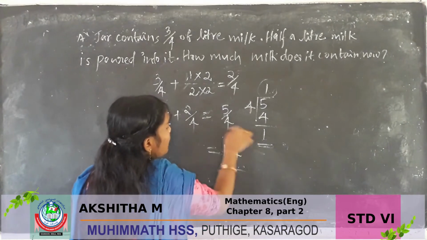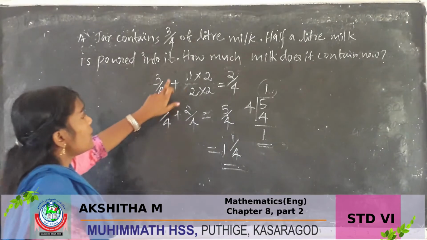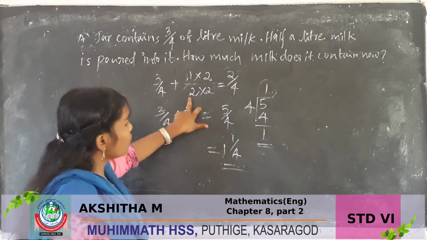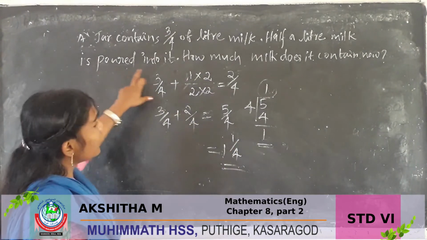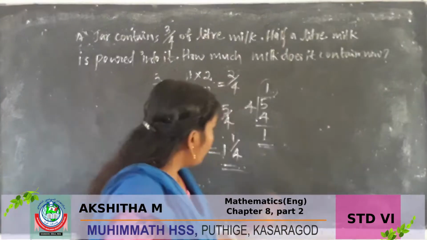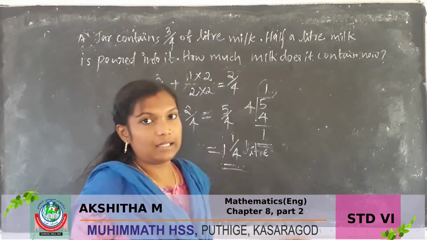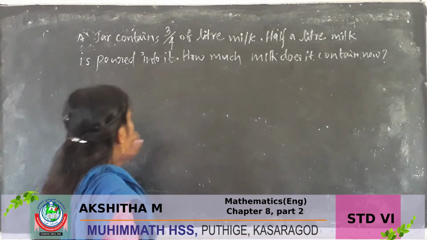So we got the answer 1 and 1/4. 3/4 plus 1/2 is 1 and 1/4. So it contains 1 and 1/4 liters of milk. Is it clear? There is another way of finding this answer.